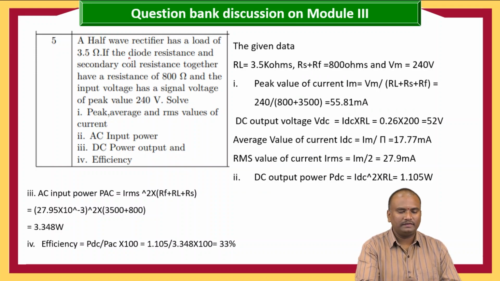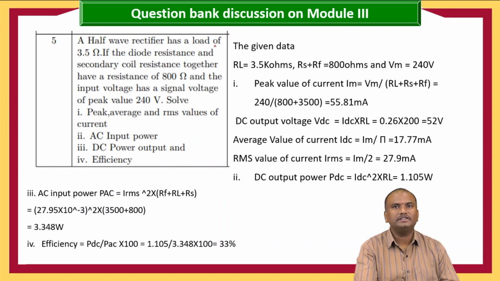The next one: a half wave rectifier has a load of 3.5 kilo ohms. If the diode resistance and secondary coil resistance together have a resistance of 800 ohms and the input voltage has a signal voltage of peak value 240 volts, solve for the peak, average and RMS values of current, AC input power, DC output power and efficiency.